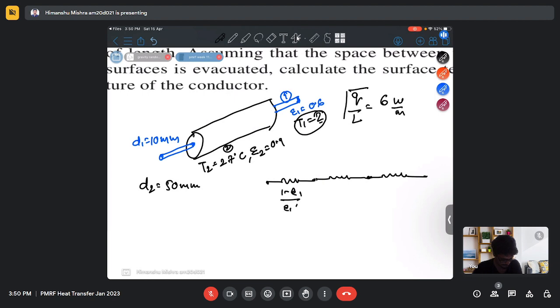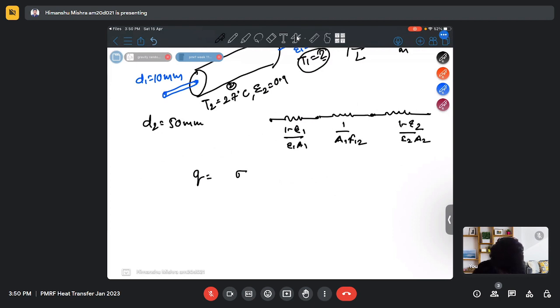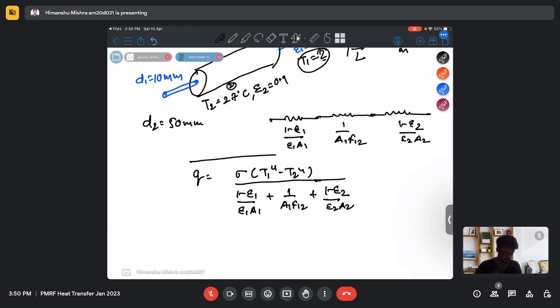Just to write down the total heat transfer equation, the heat transfer equation will be, this is a general expression.